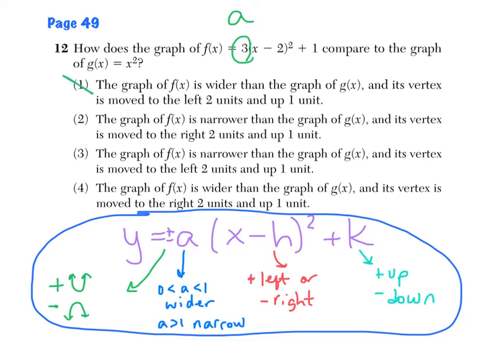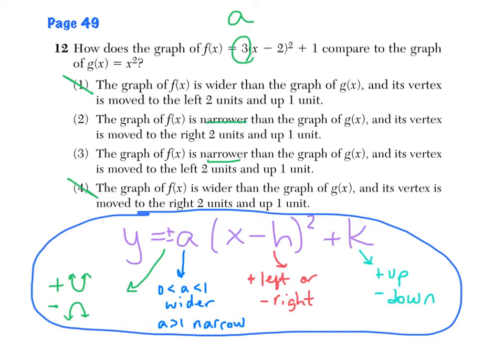So I'm going to eliminate choice 1 and choice 4 because they use the word wider. We want narrower. Next, inside the parentheses is our horizontal shift, left or right. If you are adding, you're moving to the left. If you're subtracting, you're moving to the right.